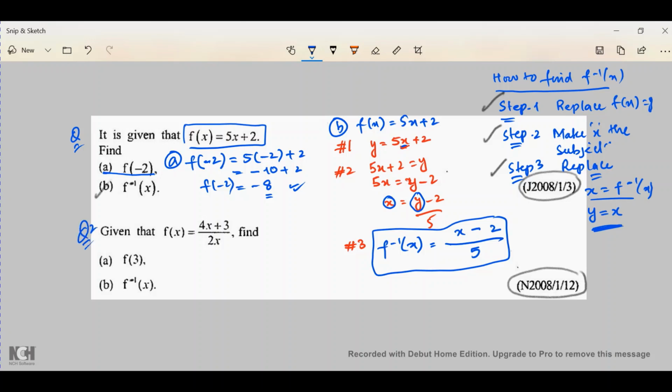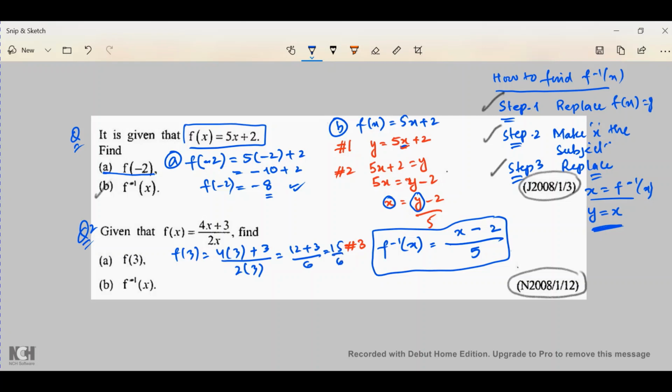Second question, we are finding f of 3. It's very simple. f of 3 equals 4 times 3 plus 3 divided by 2 times 3. That is 12 plus 3 divided by 6, which simplifies to 15 upon 6.